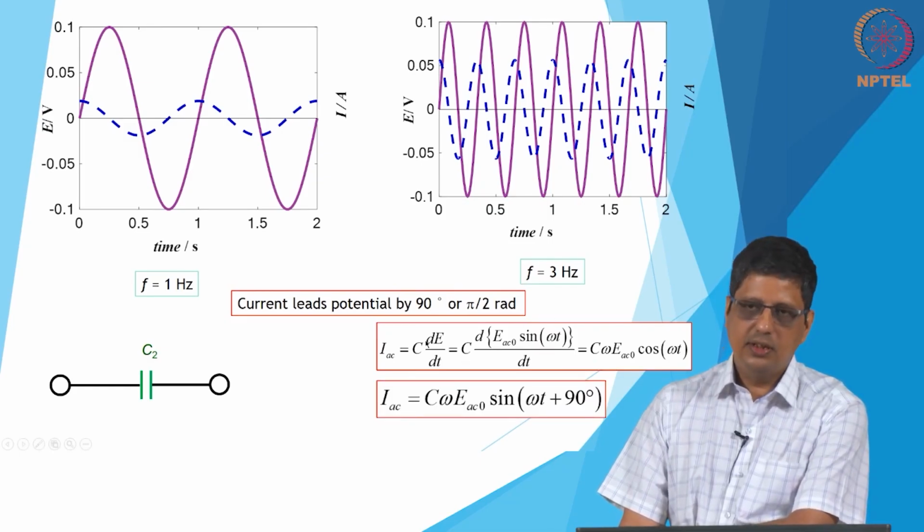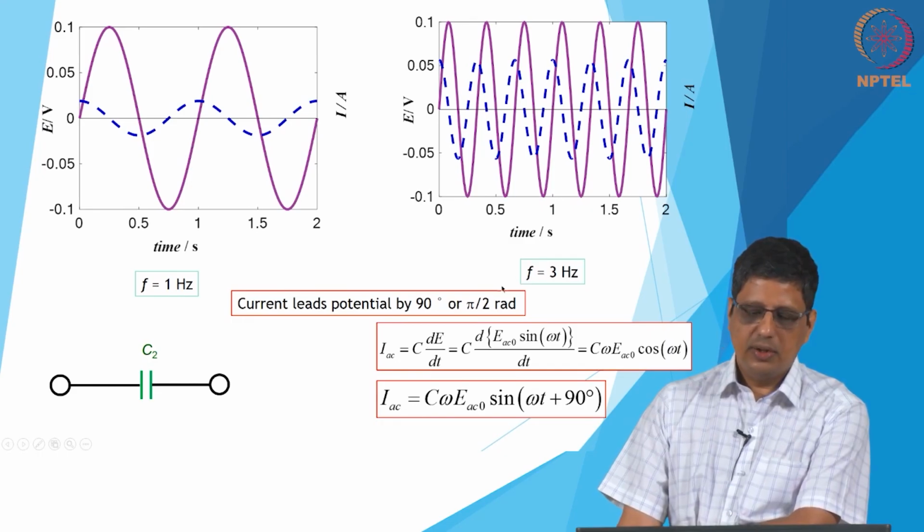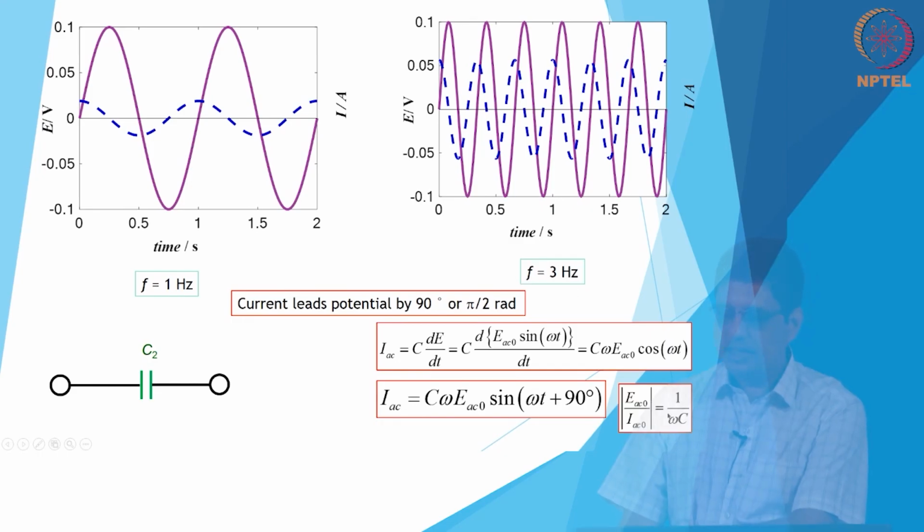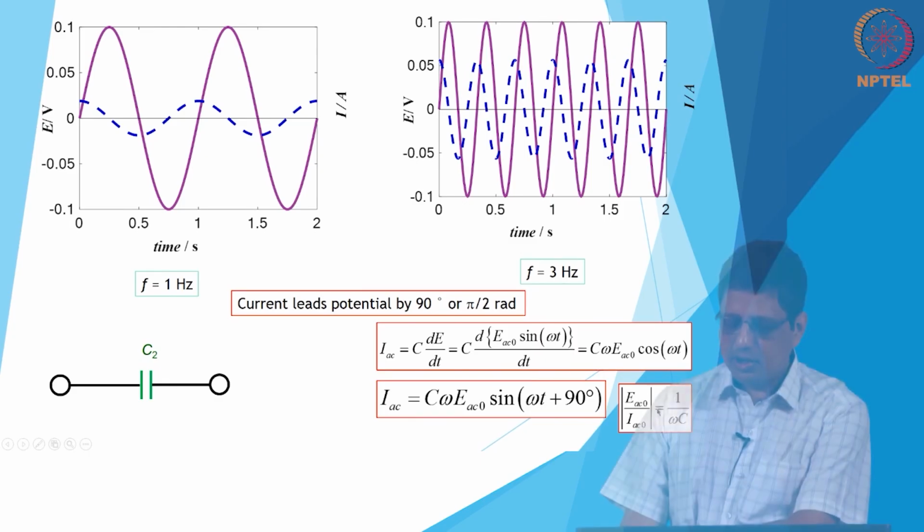This equation gives you, for a capacitor, how the impedance can be calculated. If I want to calculate the magnitude of the impedance, I have to take potential by current, in absolute value, given by the bars here. I can take the ratio of E_0 by I_0.